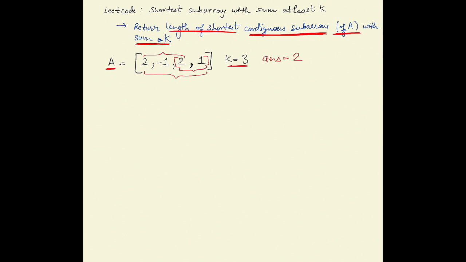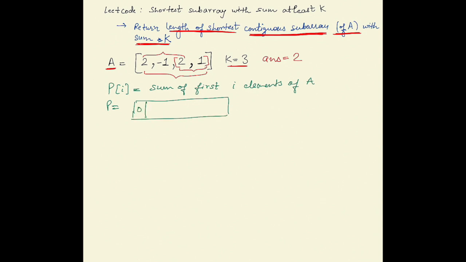To solve this problem, we'll first create a cumulative sum array P. Let's say P[i] stores the sum of the first i elements of A. The first element of P would be 0, because the sum of the first 0 elements of A is 0.